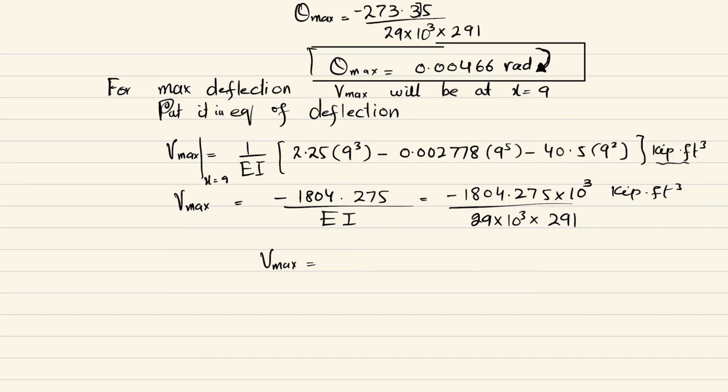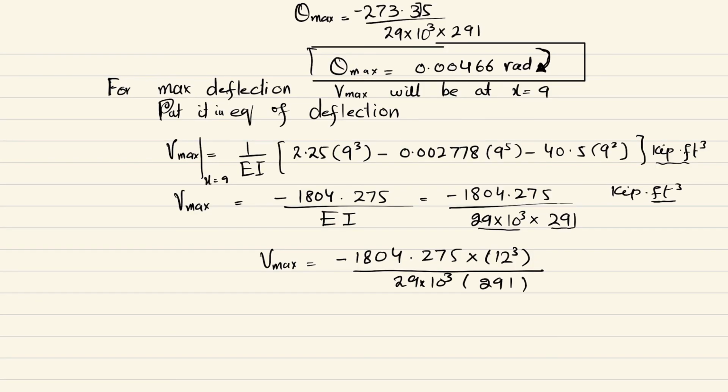You have to convert feet into inch, because I is in inch to the power 4. So I will further simplify: minus 1804.275 into 12 cubed. We will remove the 29 into 10 raised to power 3 ksi since it cancels, divided by 29 into 10 raised to power 3 multiplied by 291.